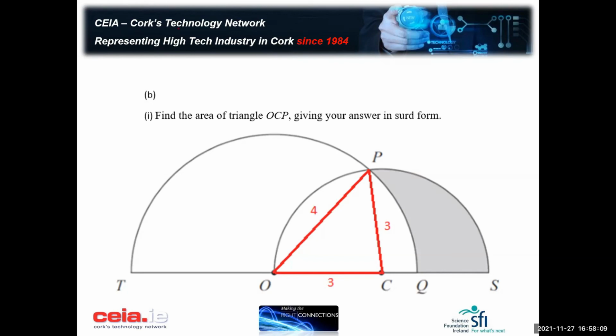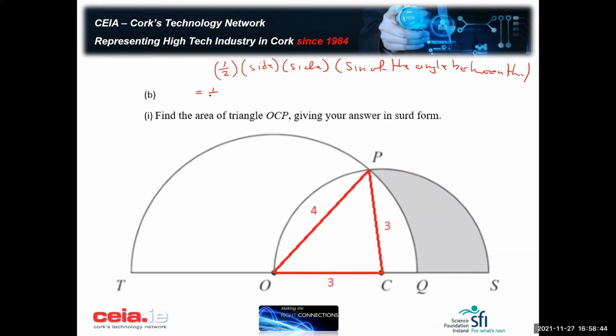So we know that the area of any triangle is half of one side by another side by the sine of the angle in between them. We know this side is 3, we know that this side is 3, and we've just gone to the trouble of proving that the sine of OCP is 4√5/9.